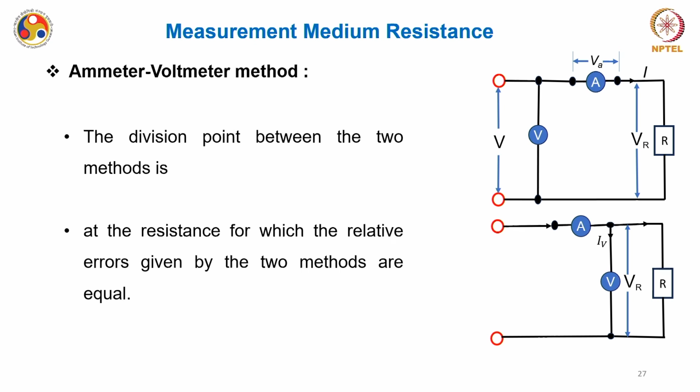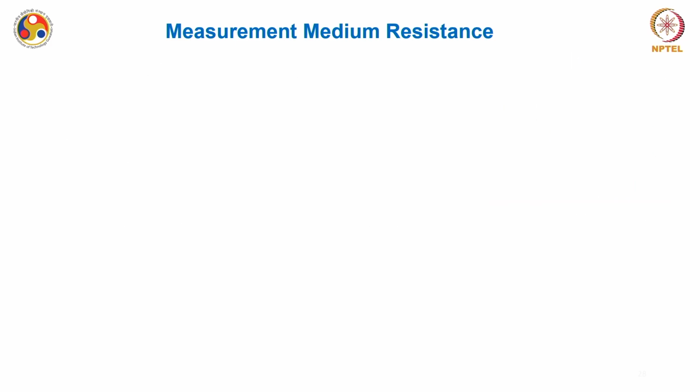For what resistance will connection 1 be preferred? We have seen this for high and low values, but we have not segregated these high and low resistances. So, the division point between the two methods is at the resistance for which the relative errors given by the two methods are equal.